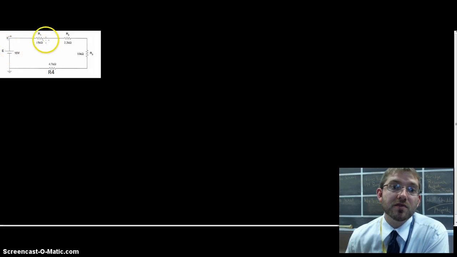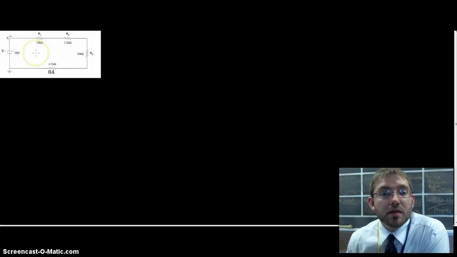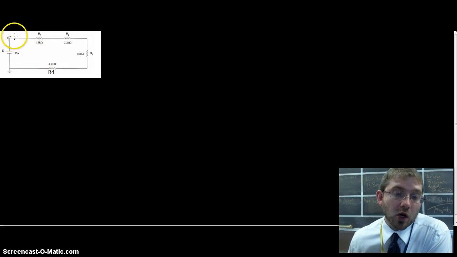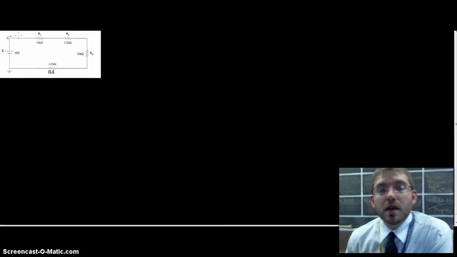We have 4 resistors, R1, R2, R3, and R4, which have resistances of 15 kiloohms, 2.2 kiloohms, 10 kiloohms, and 4.7 kiloohms, respectively. And then a current would logically flow through the circuit, an electrical current, but we don't know what that is because we're not given it.